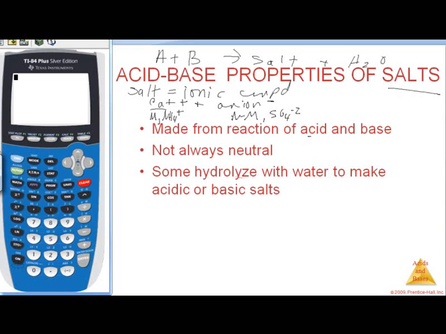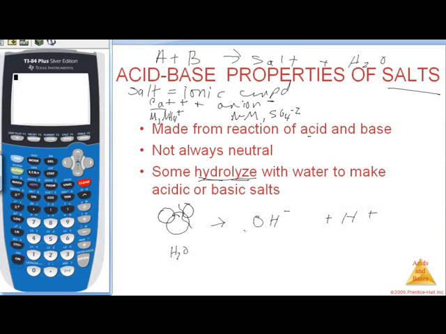Some hydrolyze with water to make acidic or basic salts. So if you think about the water molecule, some of them will hydrolyze. Hydro means water, lyse means to split. They'll cause the water to split, and you can end up with an OH minus and an H plus.